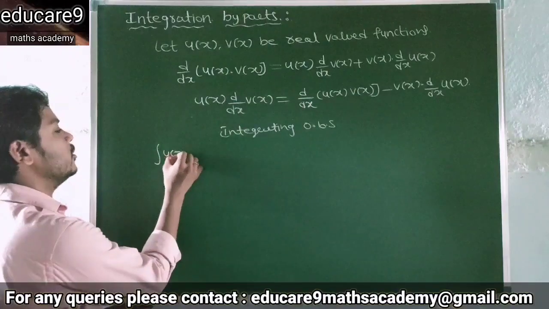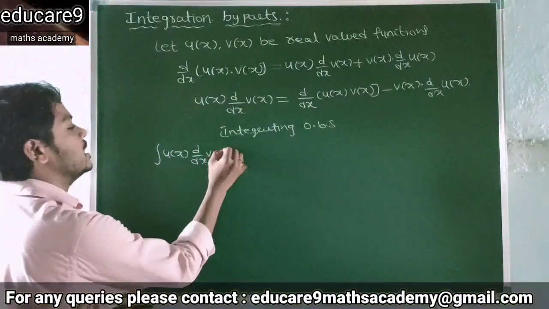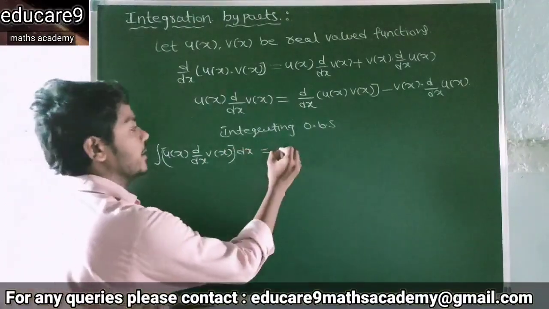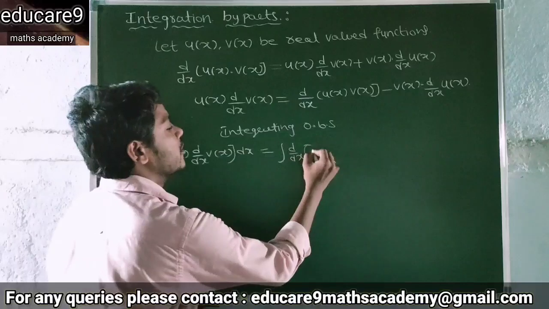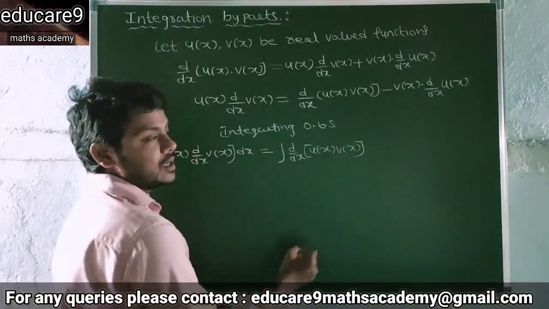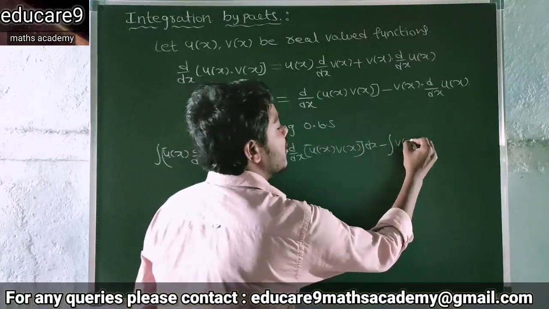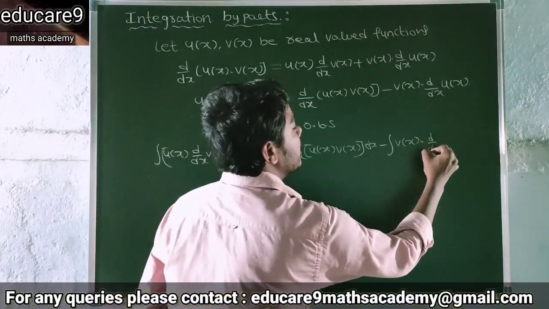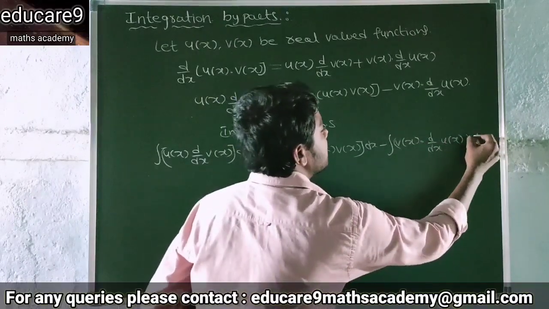Integration of u of x d by dx of v of x dx is equal to integration of d by dx of u of x v of x dx minus integration of v of x into d by dx of u of x dx.